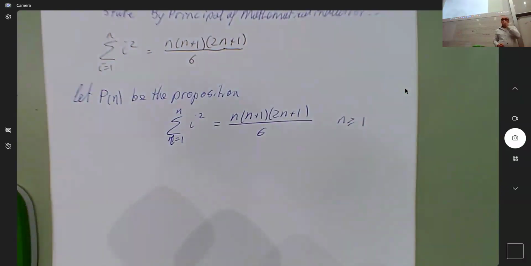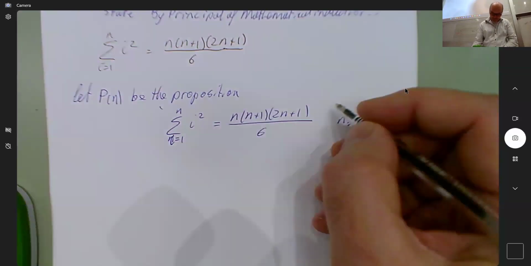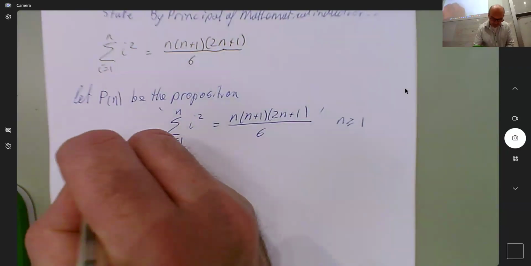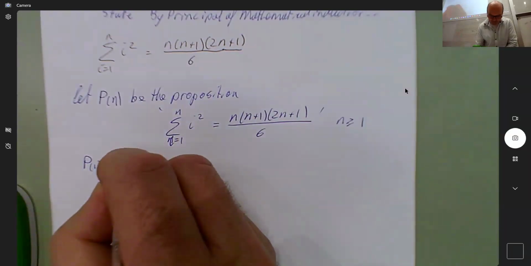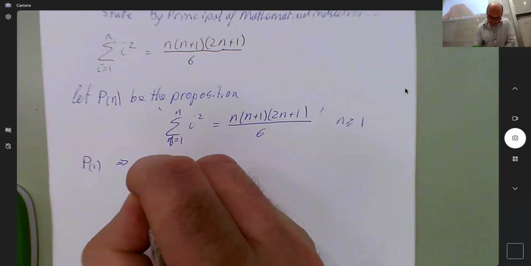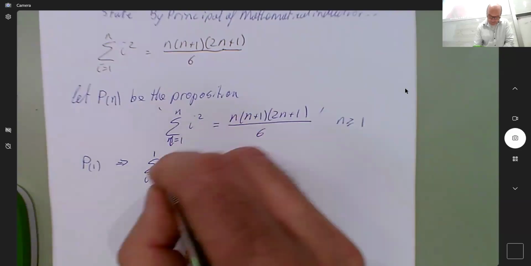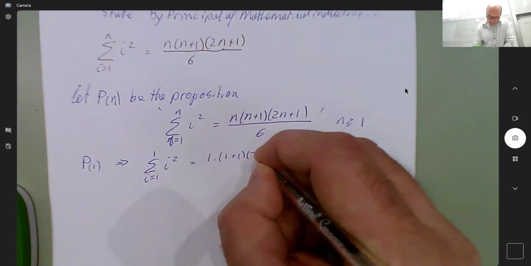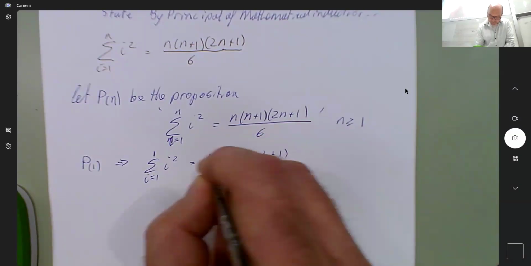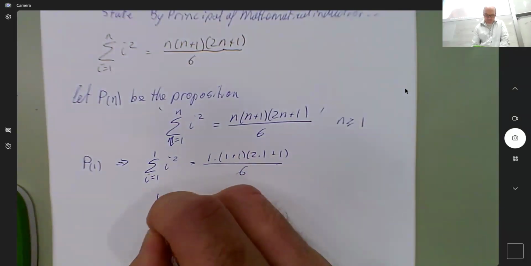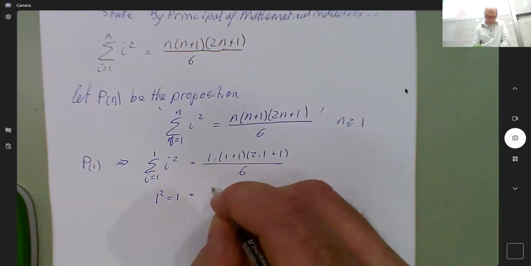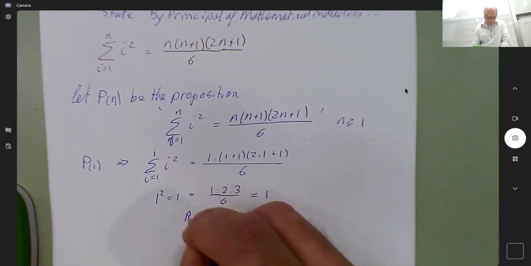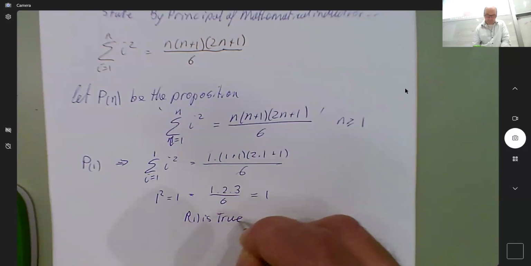So if we define it as a proposition that is dependent on n, then P1, the first case, would be saying sum of i equals 1 to 1 of i squared is equal to 1 times 1 plus 1 times 2 times 1 plus 1 on 6. This bit is 1 squared, which is equal to 1. And this is equal to 1 times 2 times 3 on 6, which is equal to 1. P1 is true.